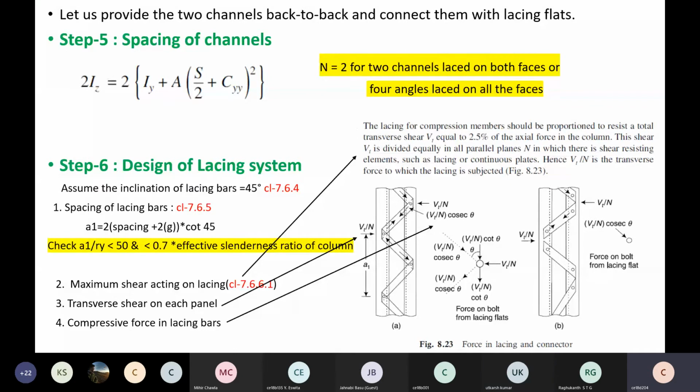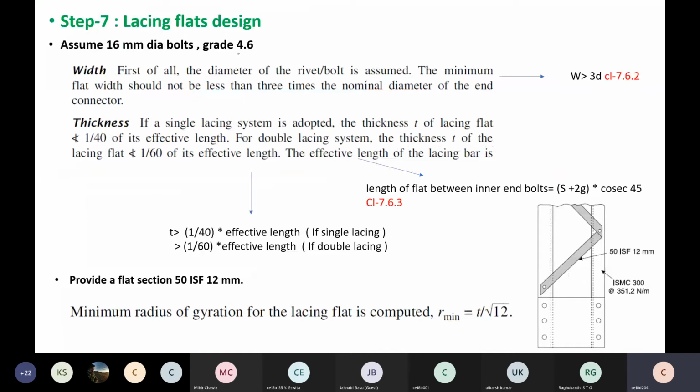So once you calculate all the design forces acting on the lacing system, now we'll go by designing the width, the thickness, and the length of the lacing flat. So first, in order to determine the depth, width and the thickness, we have to first assume the diameter of the bolt. Here I am assuming a 16 mm dia bolt for this question.